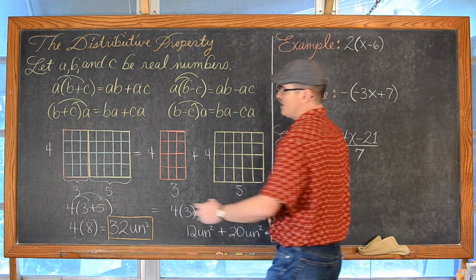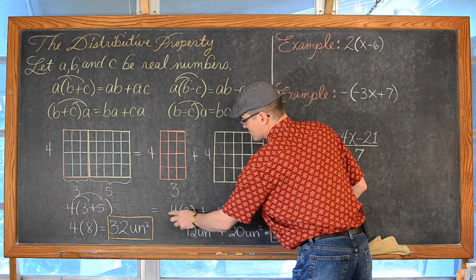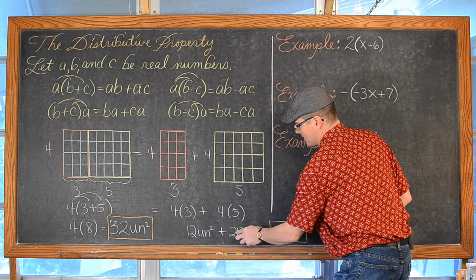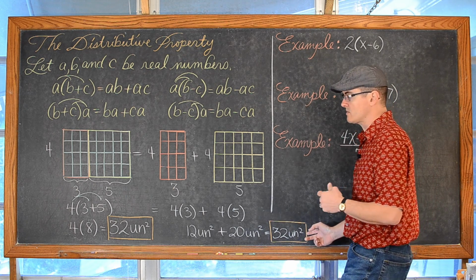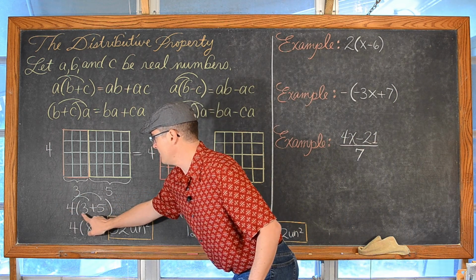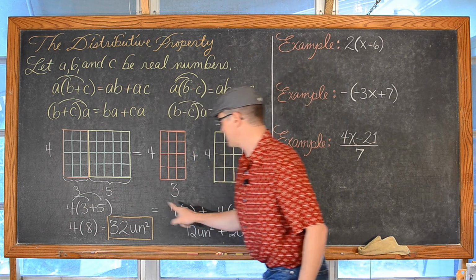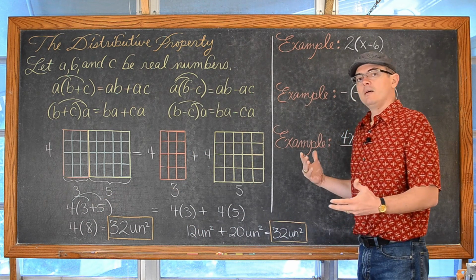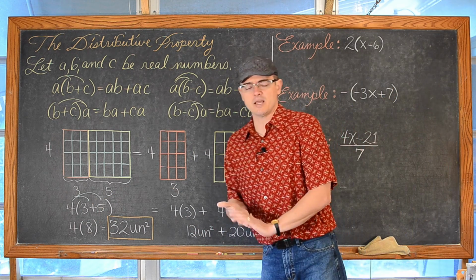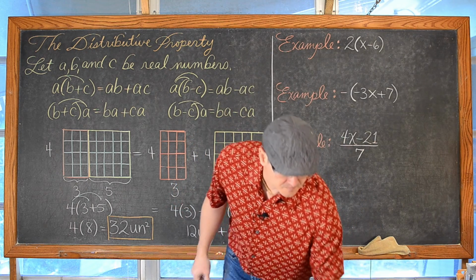And so whether I did 4 times 8 to get 32, or I did 4 times 3 to get 12 and 4 times 5 to get 20, I'm getting the same answer of 32 square units. So 4 times (3 plus 5) is equal to 4 times 3 plus 4 times 5. It's an example, not a proof, but an example of how the distributive property actually works.